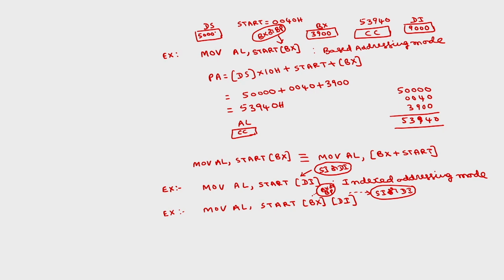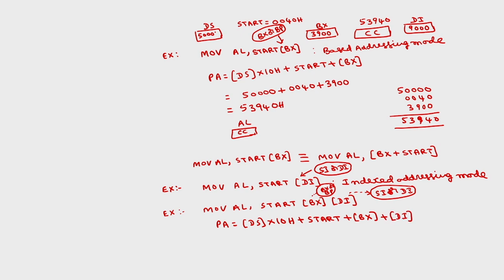In all these move instructions we are discussing the different ways to access a memory location: which memory location, and how to compute its physical address. So, the physical address will be, similar to this, DS into 10H plus start plus BX plus DI.